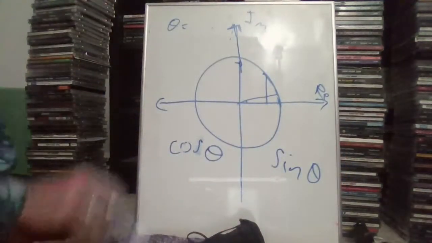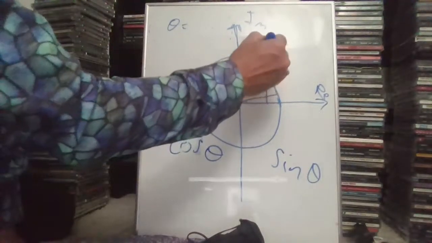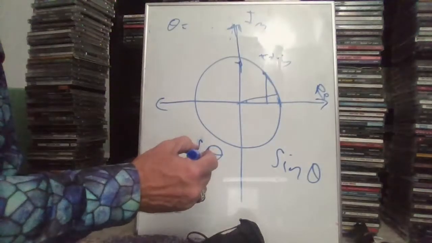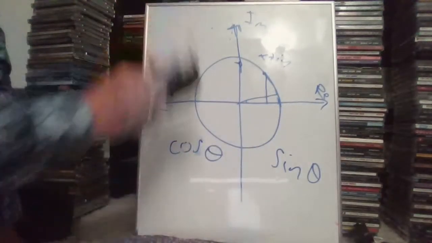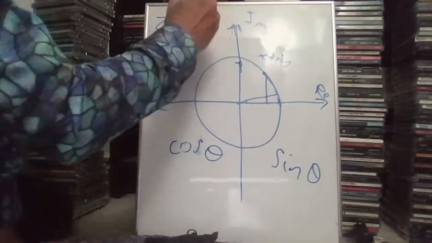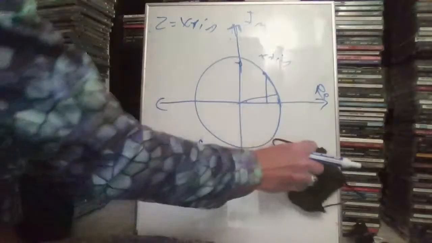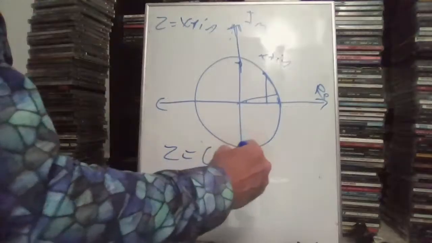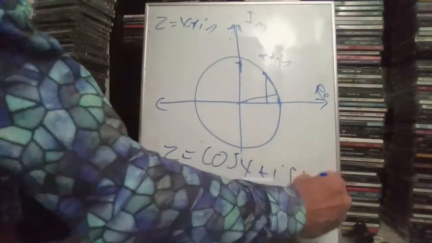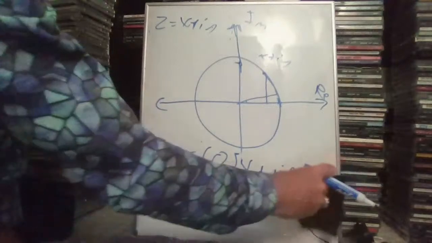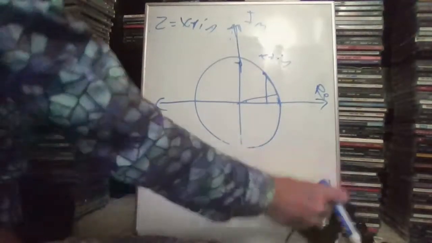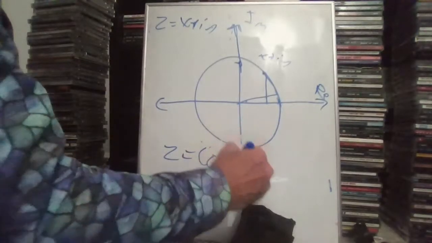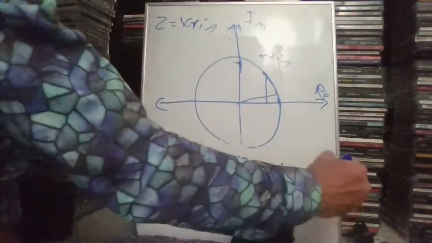Okay, fair enough. So if I write the number x plus iy, you see that z equals x plus iy can also be written as z equals cosine theta plus i sine theta, where theta is the angle.